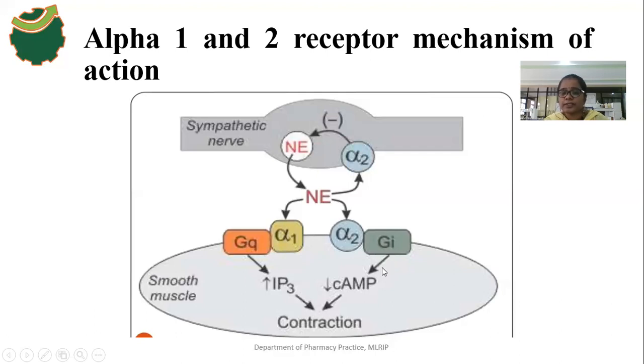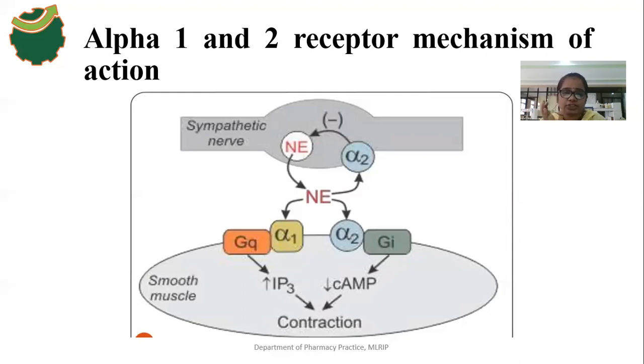Upon the inhibition of the adenyl cyclase enzyme, there is a decrease in the formation of cyclic AMP, because adenyl cyclase is required to convert ATP to cyclic AMP.